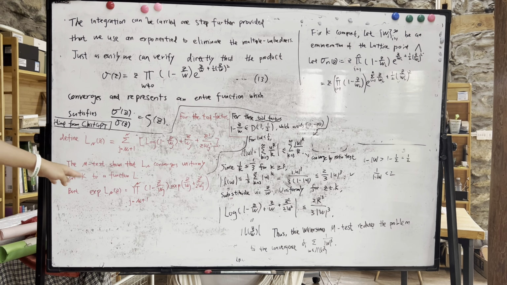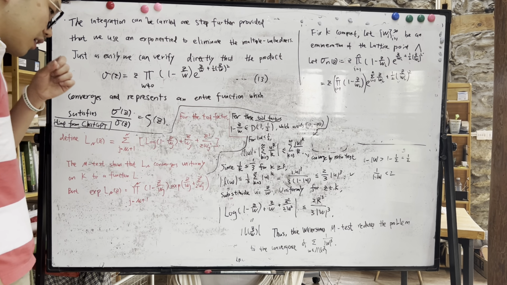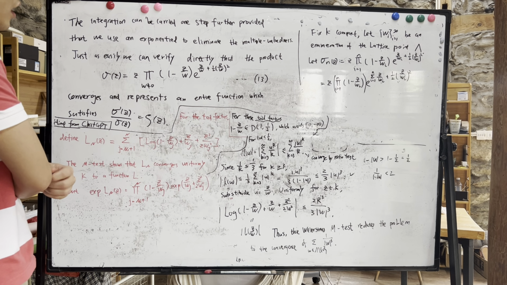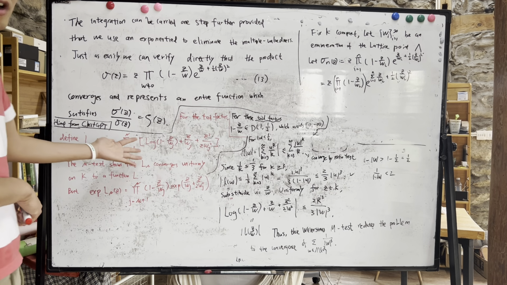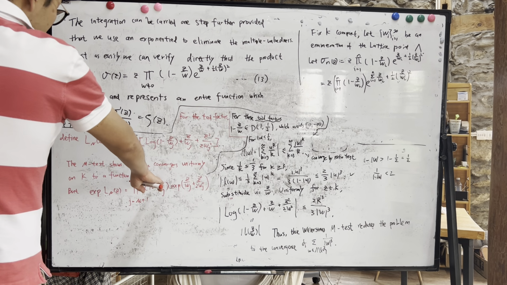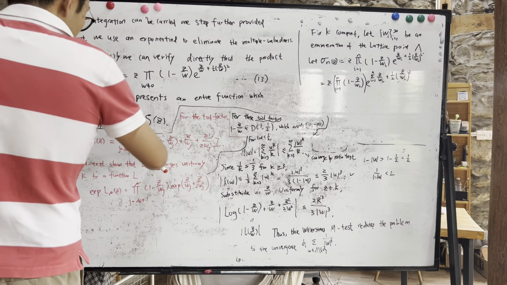Because I think that is just the property of the exponential map. If you take two points, the product of the exponentials is equal to the exponential of the sum of the powers, and then e to the log of this guy is just the original thing.